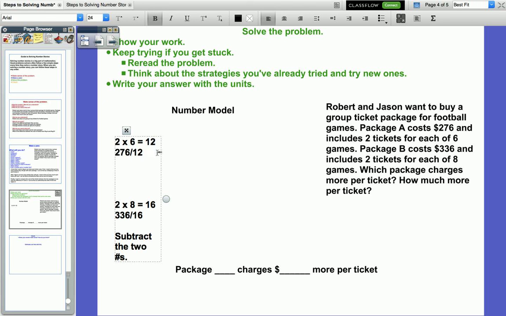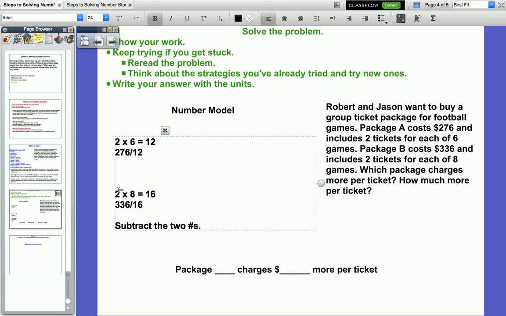All right, so if I wanted to make this into a number model, I know that they like us to have it all in one number model. So I'm going to show you what it would look like. Most fourth graders have trouble putting all this together in one number model.